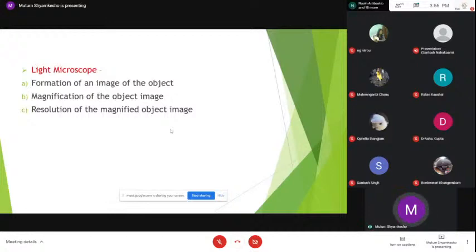Then when we come back to this one, light microscope, where I'm going to give more emphasis, then when we go to the basic definition of a microscope, if we examine the definition of the light microscope, this microscope has three important functions.